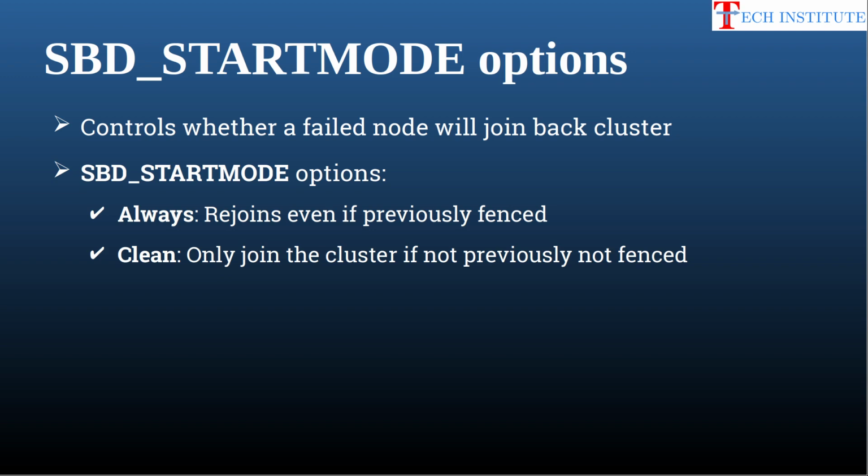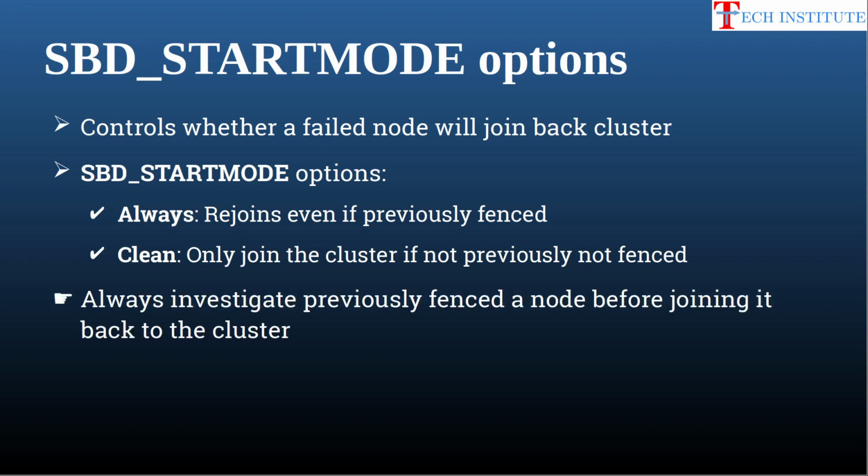In that case, you have to do the previous step where I was showing you how you can clear the poison pill. You have to do that, and only then will it be clean and join back to the cluster. And here you need to keep in mind, you should always investigate a previously fenced node before joining it back to the cluster, because you don't know whether there's a hardware issue, a configuration issue, or an issue with the resource running on the node.